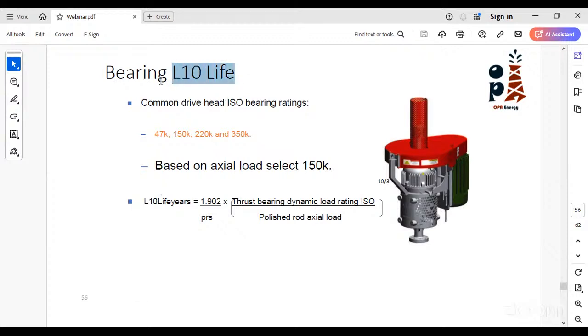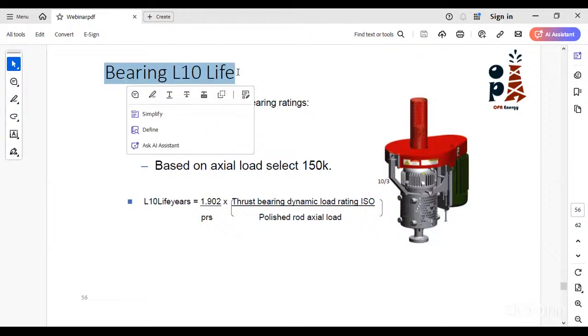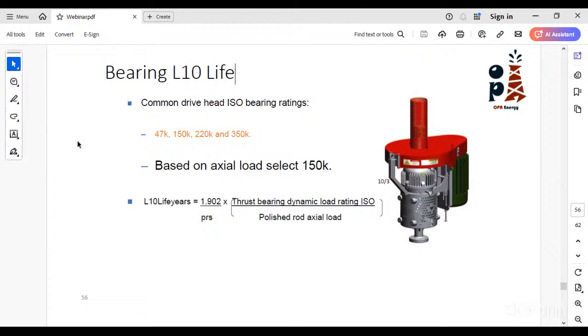There is a term called the L10 life, a very common idiom used in the designation for the drive head. That means the run life of this system until 10% of the interior components are damaged or not working with the same efficiencies that you require.